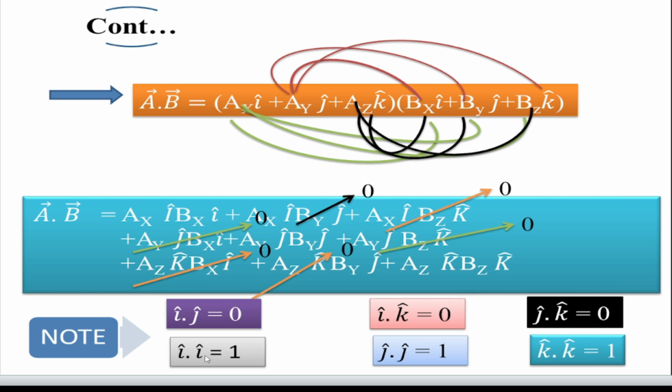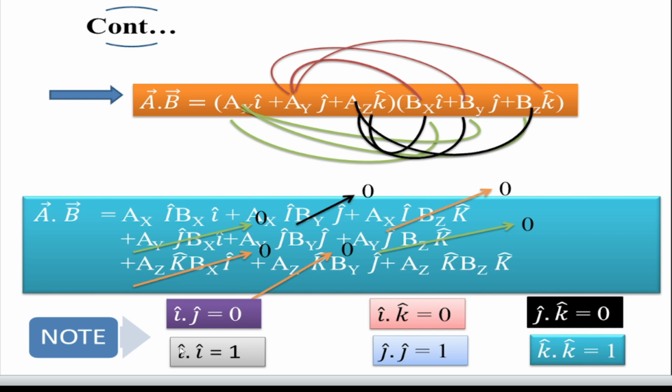Two vectors are parallel to each other. This means the angle between them is 0. And then i dot i means magnitude of i times magnitude of i times cosine of theta. Since the two vectors are parallel to each other, the angle between them is 0. Cosine 0 is 1.